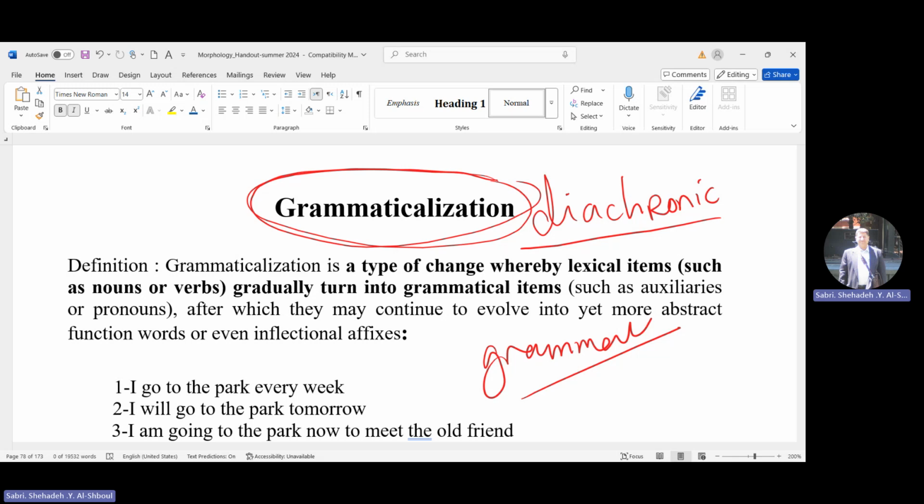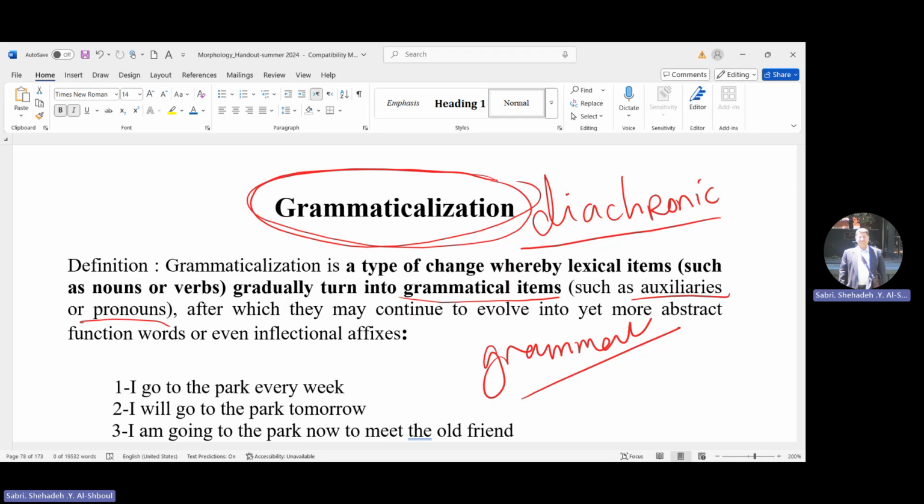This change is whereby a lexical form that has semantic content, like nouns, verbs, adjectives, adverbs, and so forth, turns into a grammatical item. It becomes a grammatical form, and it is no longer a lexical form. Grammatical items in general are things like auxiliaries, pronouns, and so forth.